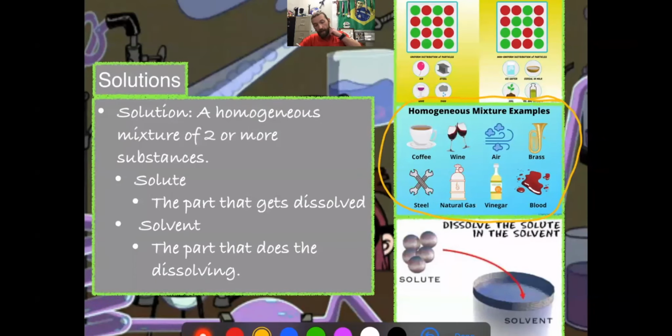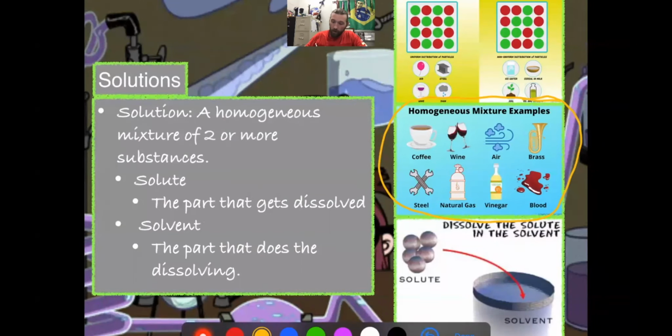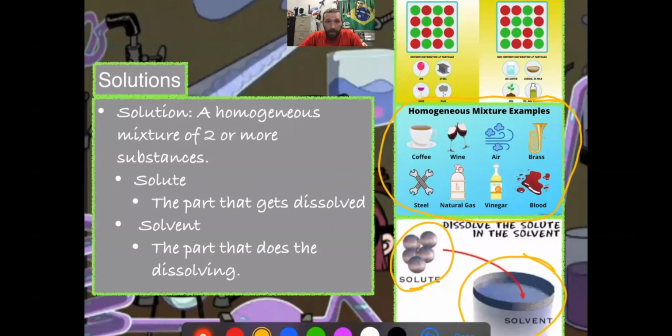And when you look at the parts of a solution, you have two parts of a solution. You have what is called the solute and the solvent. Now, generally the solvent is something like an alcohol or water, things like that. The solute typically is the thing that's being dissolved.